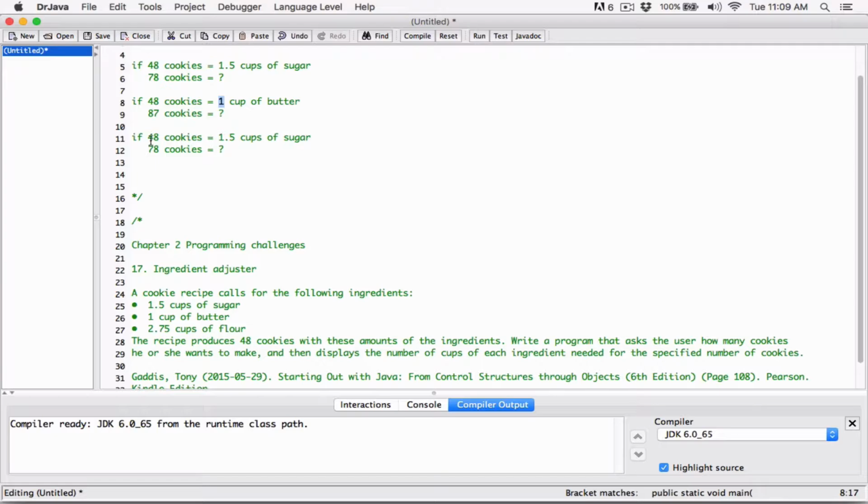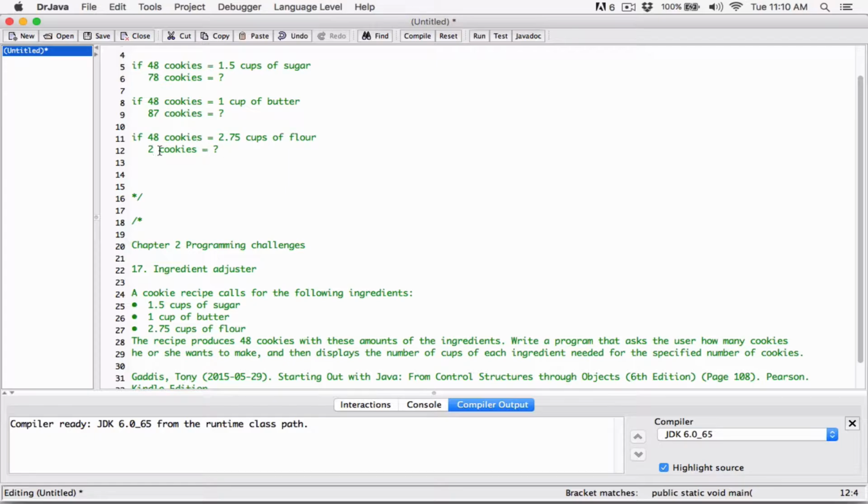And it's the same thing for cups of flour too. So if 48 cookies is equivalent to 2.75 cups of flour, then say 1 cookie, I'll just make it 2 cookies, is going to give us less, because if 48 gives us 2.75, 2 cookies is going to be equivalent to less cups of flour.